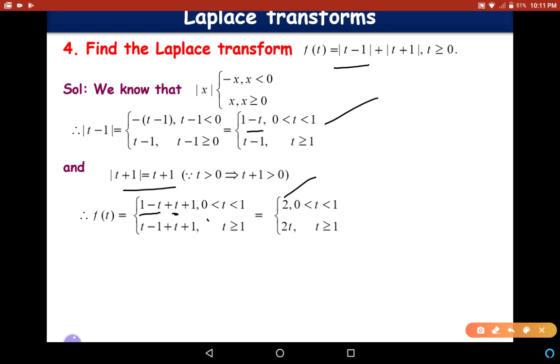Now for t greater than or equal to 1, mod t minus 1 is t minus 1 and mod t plus 1 is t plus 1. Then minus 1 plus 1 gets cancelled and we have 2t. Therefore, f of t is equal to 2 in the interval 0 to 1 and 2t for t greater than or equal to 1, that is from 1 to infinity. So we are asked to find the Laplace transform of this function.